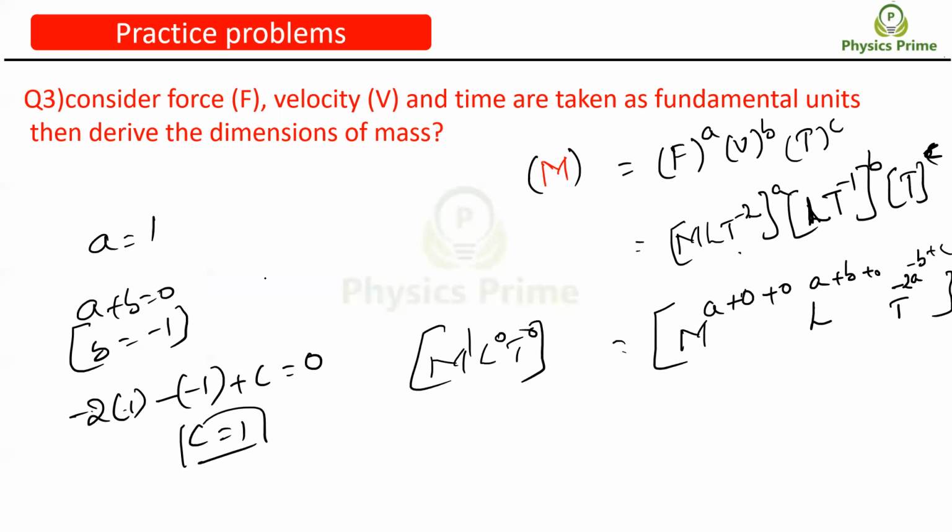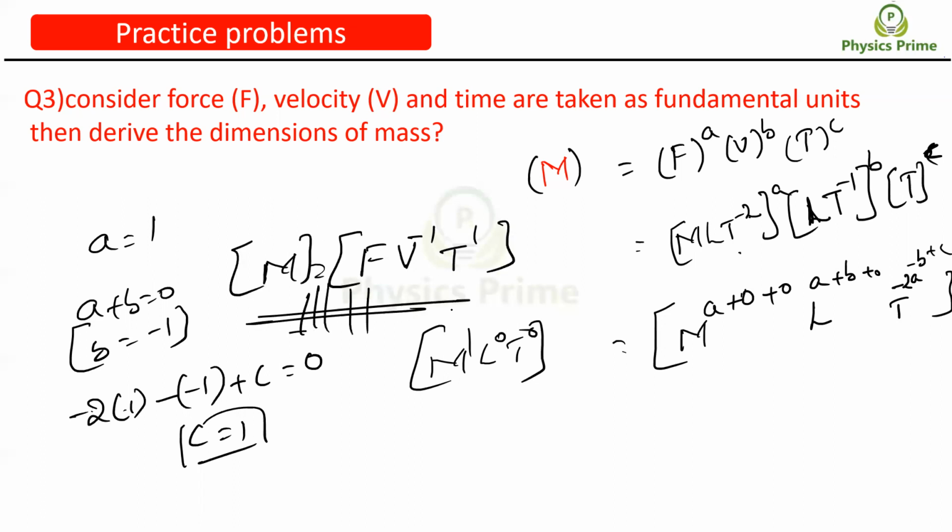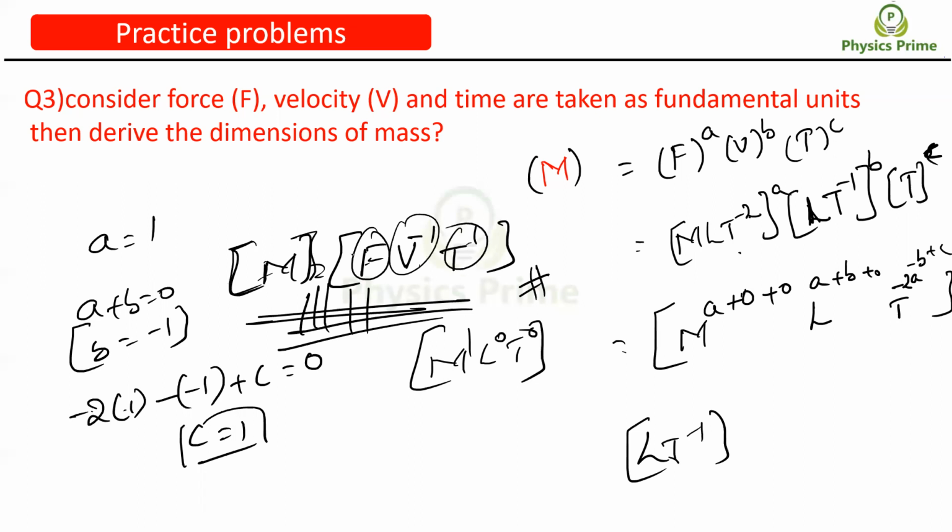Your answer will be mass is equal to F into V power minus 1 into T to the power 1. I wrote it as FT by V, and you can write it like this also, but in the exam they might mention it like L T power minus 1, like F V power minus 1, T power 1.